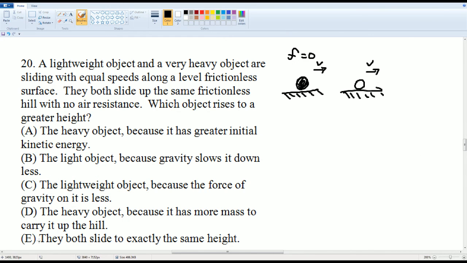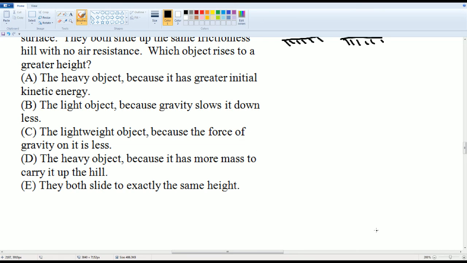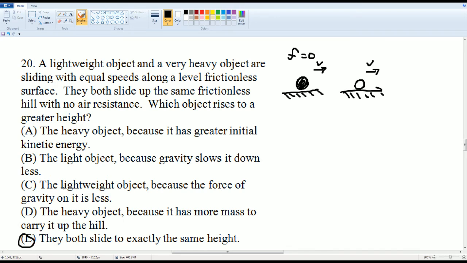Well, it's a trick question, I believe. I think it's both the same height, because if you think about the kinetic energy formula, it goes from a level to a greater height. Energy 1 is equal to energy 2, so 1/2 mv squared is equal to mgh. But notice the masses cancel out.